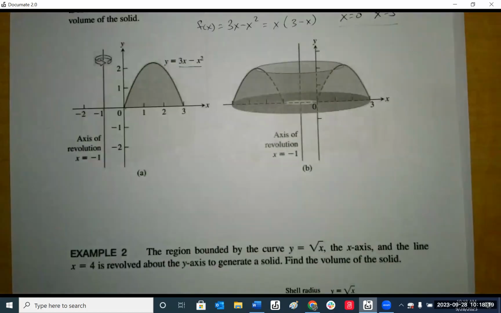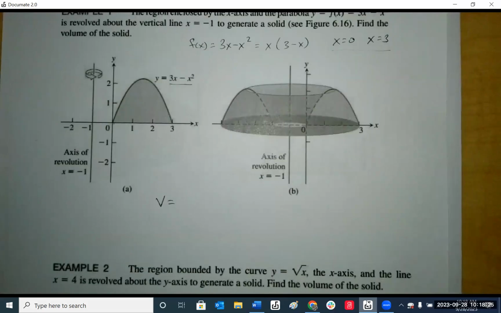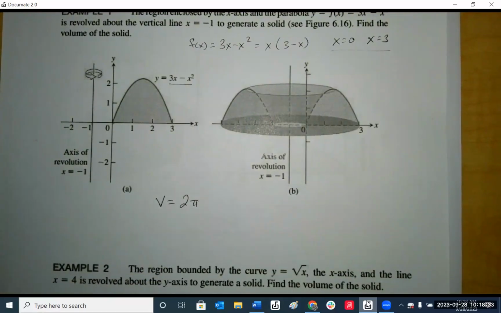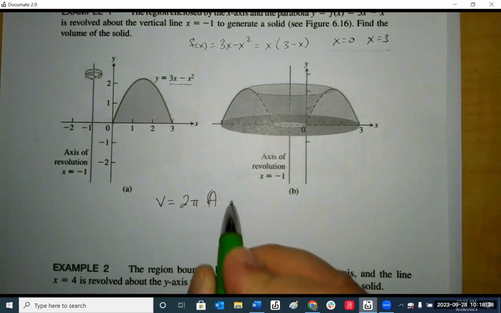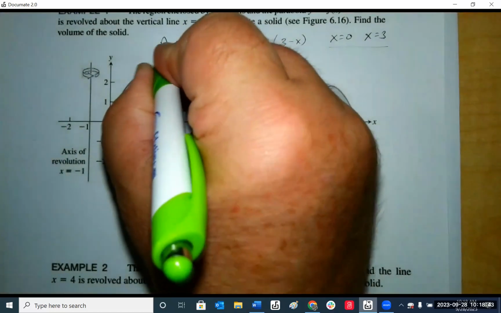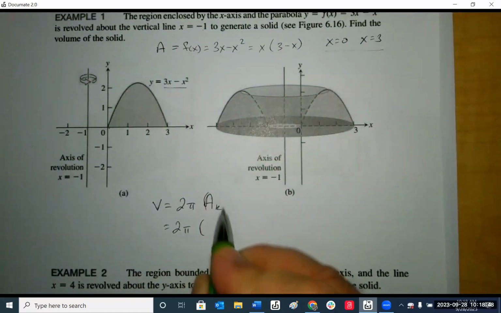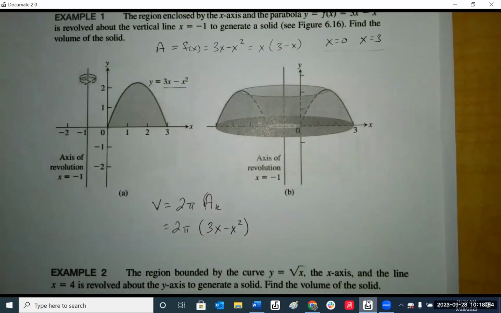Because let's put together a volume formula. Since it's rotated around in a circle, we have to have 2 pi, right? We have the area of the function. The height is f of x, 3x minus x squared. What else do we need?